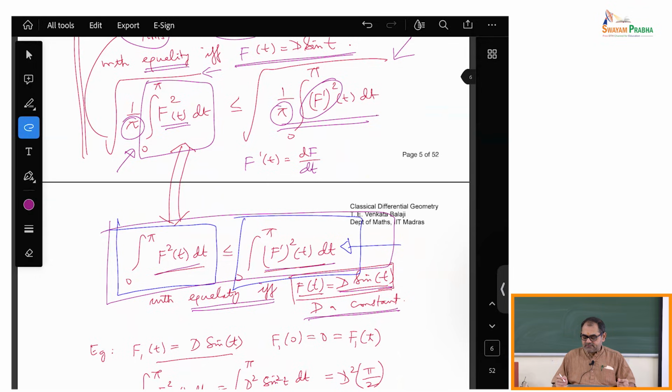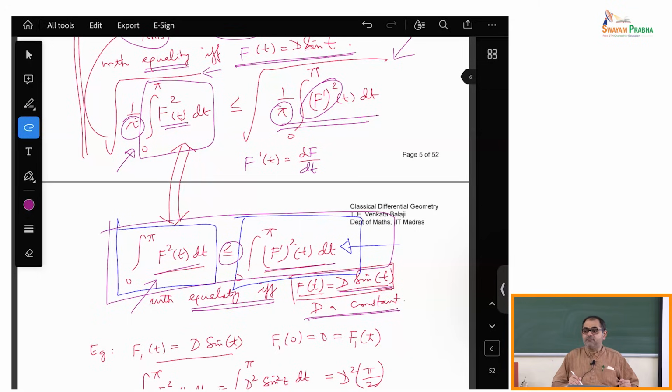The philosophy behind these kinds of inequalities is that if you take the extreme case of the inequality, it's an equality, and that equality is an integro-differential equation. When I put equality here, what I am getting is the integral of f squared equal to the integral of f dash squared.